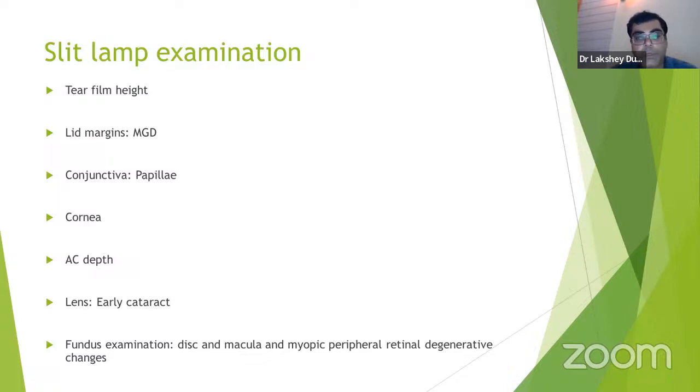Anterior chamber depth if we are going for a lens-based refractive procedure, lens to rule out early cataract, and dilated fundus examination to assess disc, macula, and myopic peripheral retinal degenerative changes. If we see any degenerative changes, the patient needs referral for retina evaluation, and if there are certain holes, he needs to be barraged before LASIK.